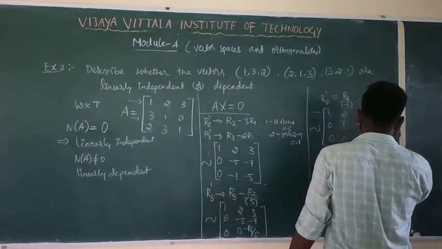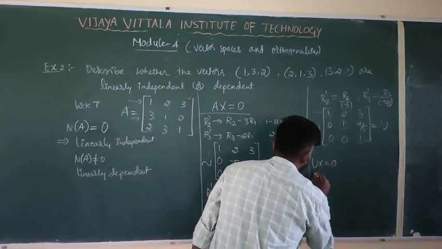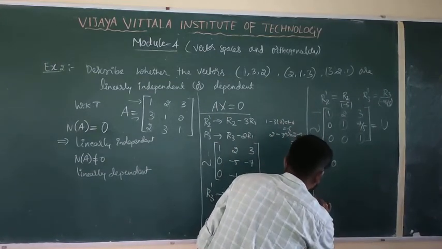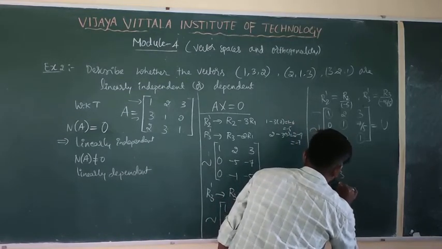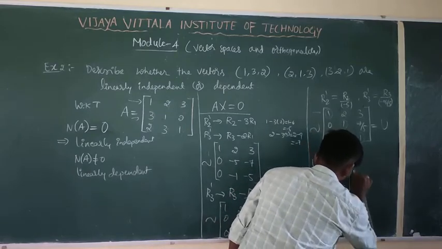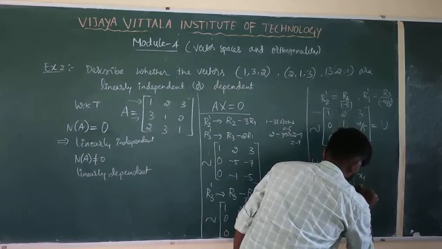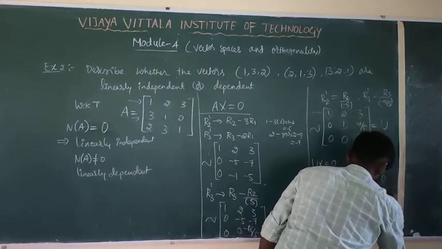We call this matrix U. Therefore, Ux is equal to 0. U is 1, 2, 3, 0, 1, 7 by 5, 0, 0, 1, into x1, x2, x3, which is equal to 0, 0, 0.